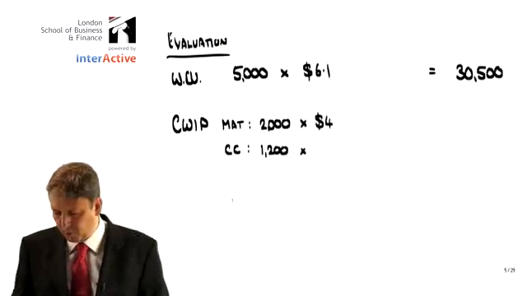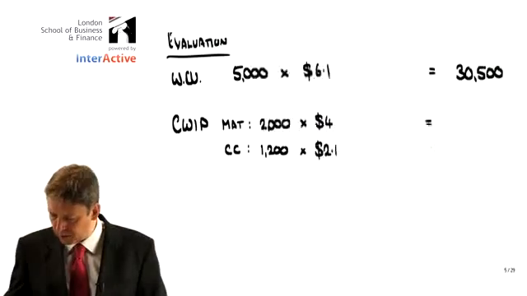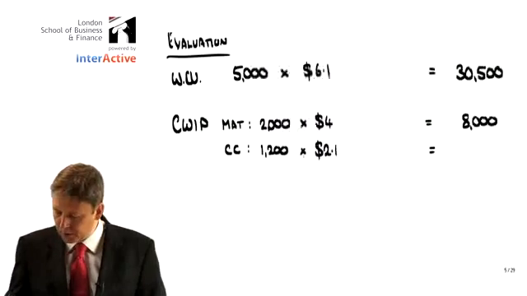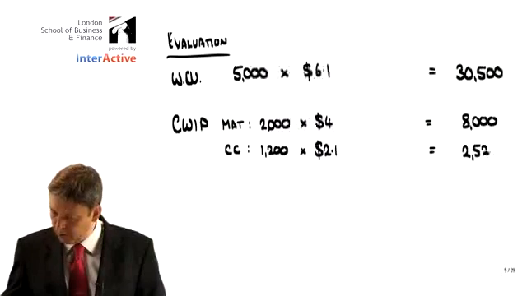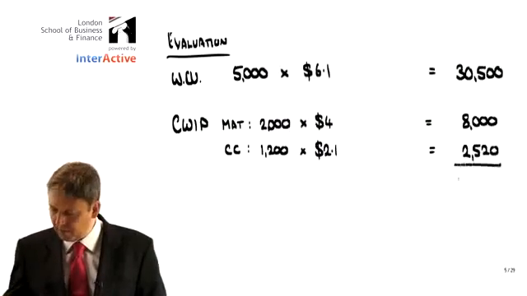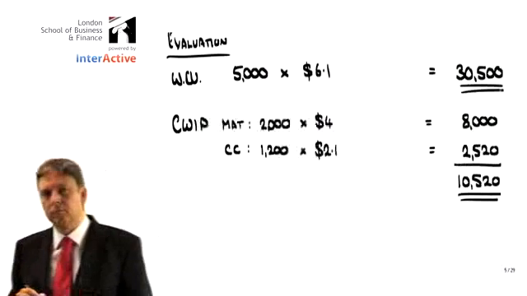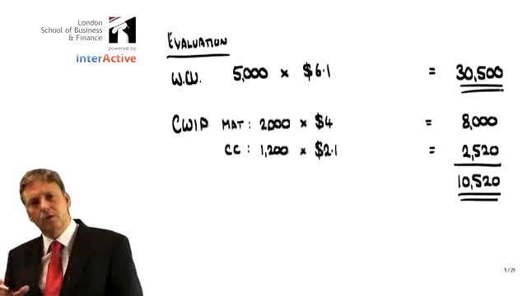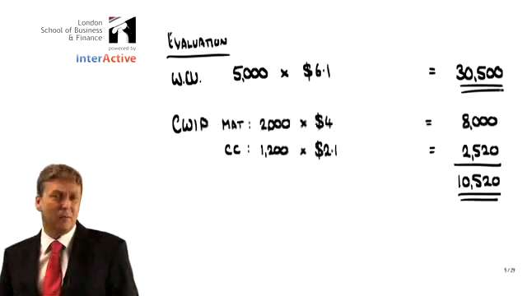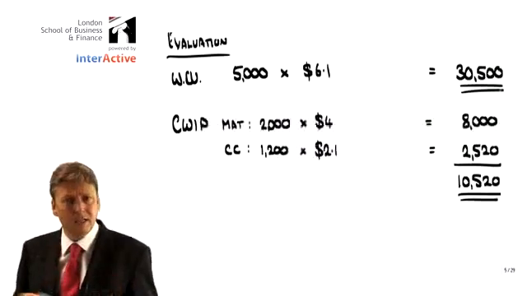We multiplied by $4 for material and $2.1 for conversion costs. 4 multiplied by 2,000 is 8,000. 1,200 multiplied by 2.1, 2,520. So we have a valuation there of 10,520. I've done those two first because those are the two that we have essentially done before. We know about them. We can easily understand them.